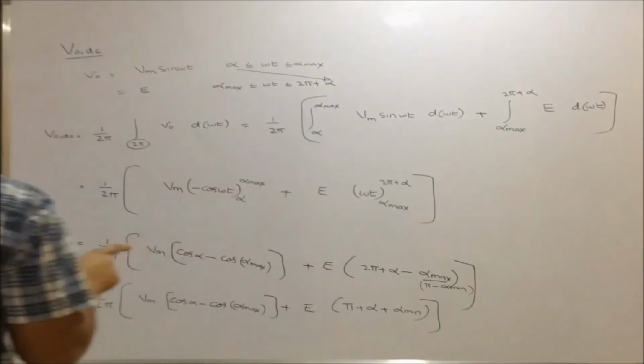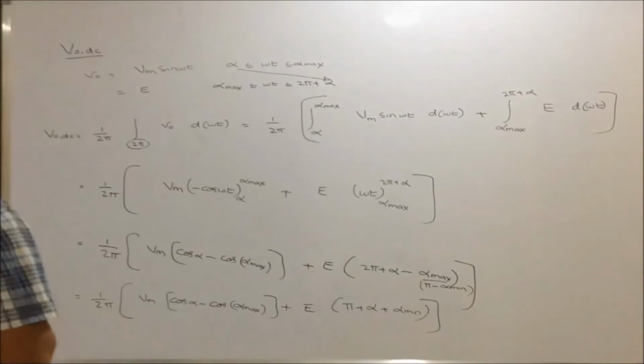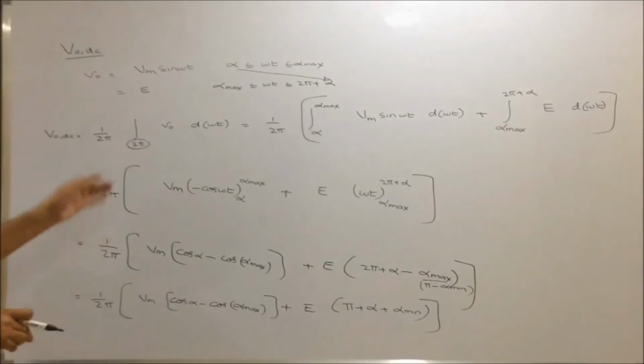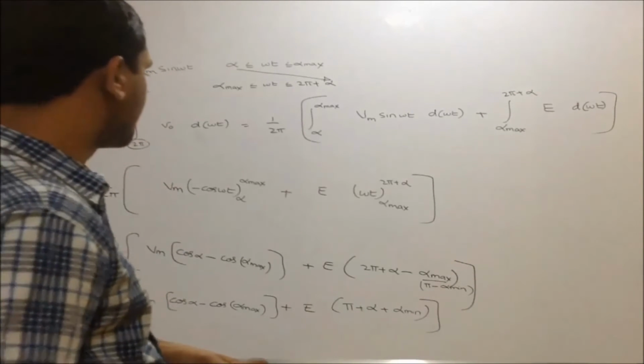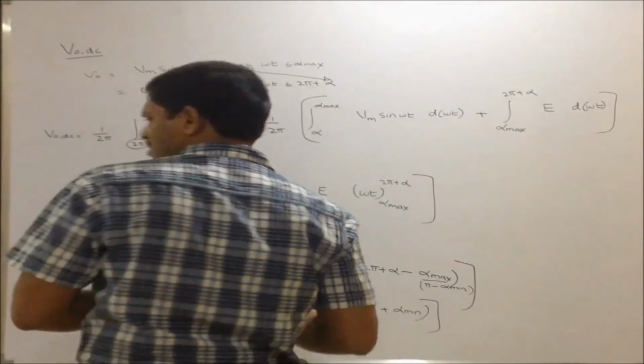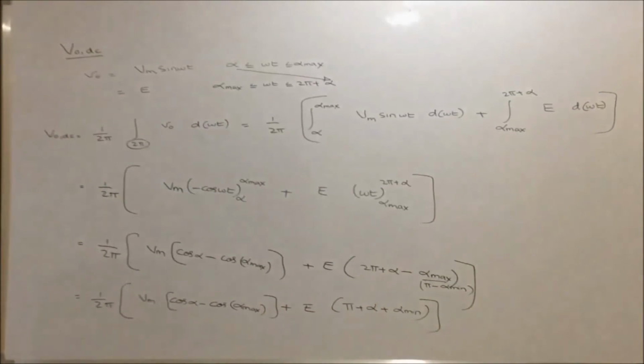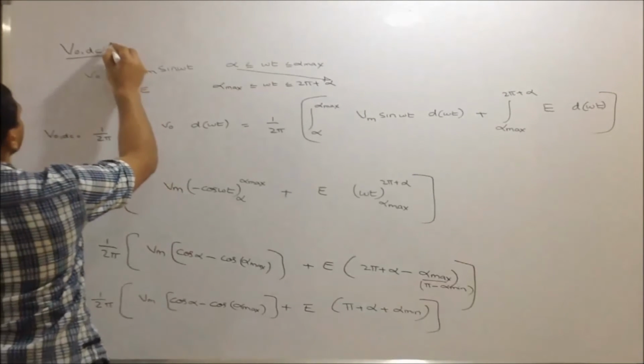Now we will get this expression from the generalized expression, and we will see whether they are equal or not. Now I will write V naught DC.